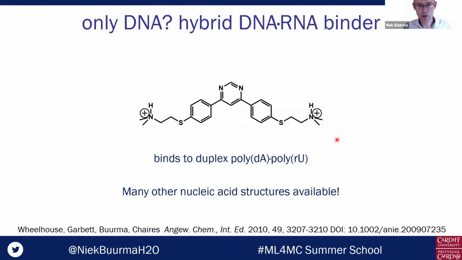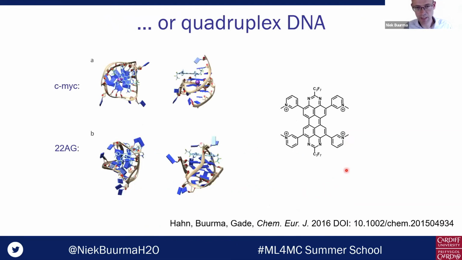But we also know that there are molecules that selectively bind to hybrid DNA-RNA duplexes. So this is not a DNA-DNA duplex, this is a DNA-RNA duplex. And it says many other nucleic acid structures are available, and that's true because you have lots of different quadruplex structures as well. And we also have molecules that bind selectively to quadruplex structures.